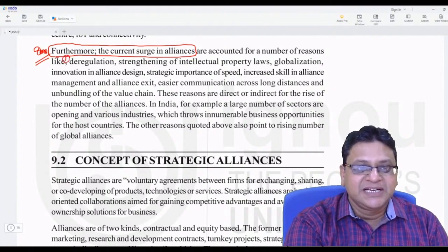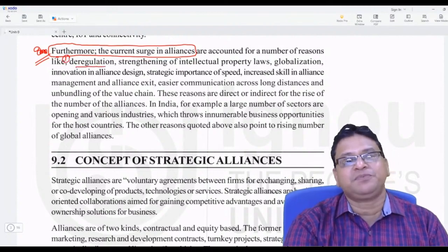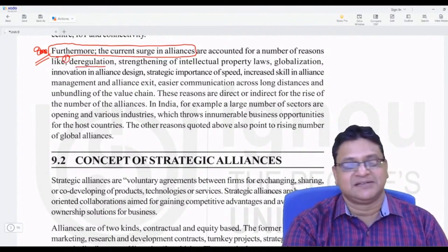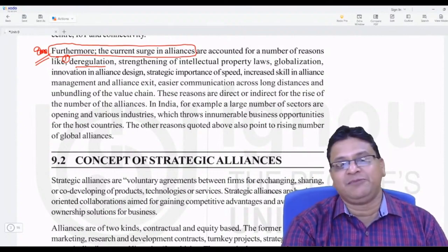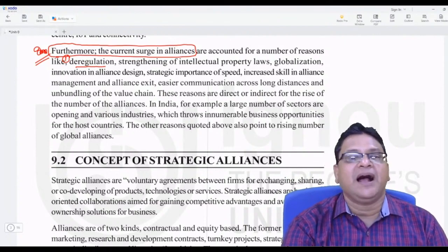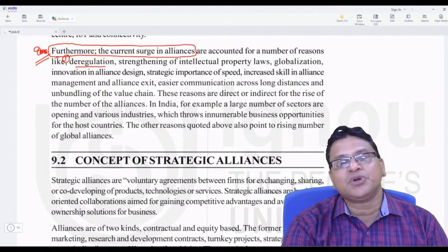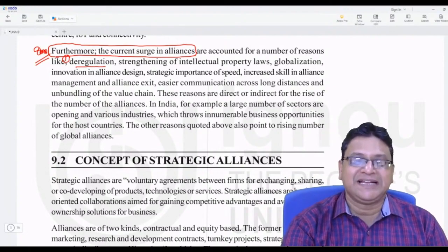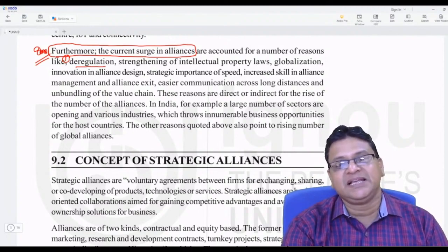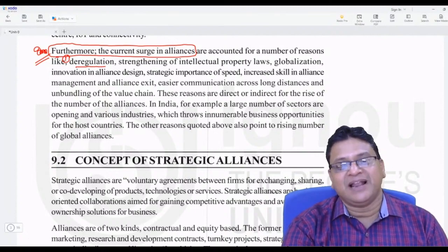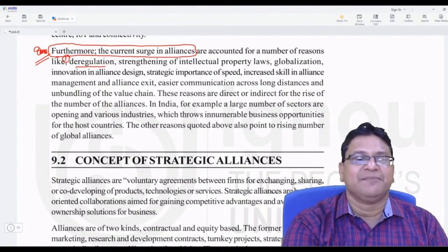First reason is deregulation. In most cases, the rules have been liberalized. Foreign players are coming. We invite foreign players to form an alliance in our local market and do business locally. Most countries open up their economy. They deregulate the entry restrictions. Because of this, alliances are increasing day by day.